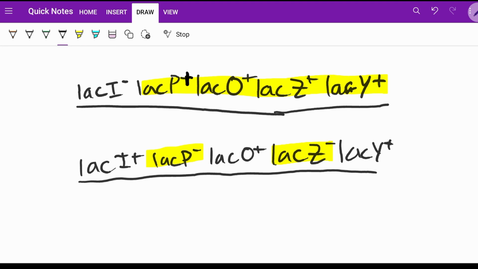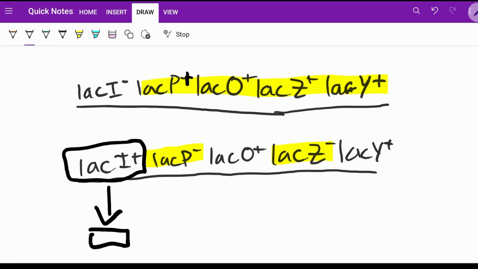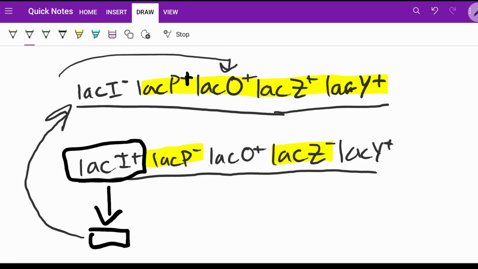However, it has the lac I plus, and since it's running on its own promoter and transcription, it is still producing regulatory proteins. And these regulatory proteins can float over to this operon, where this operon is being transcribed and translated, and bind to the operator to make this have normal regulation.